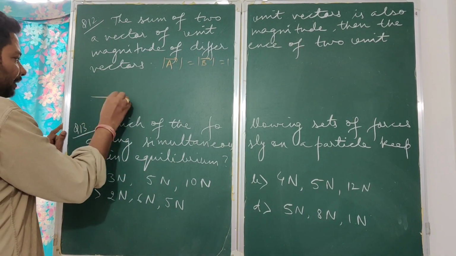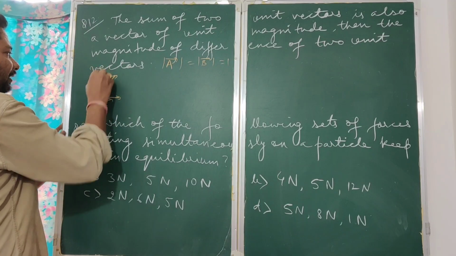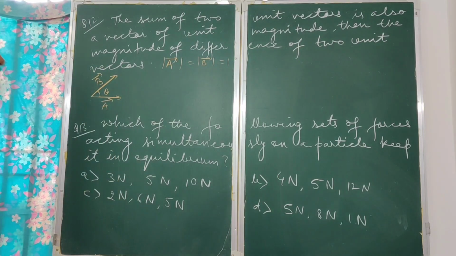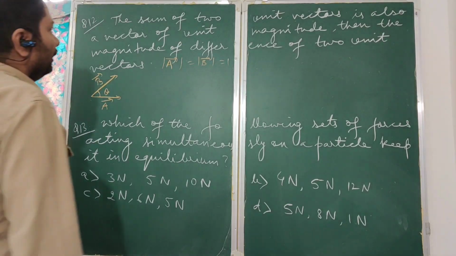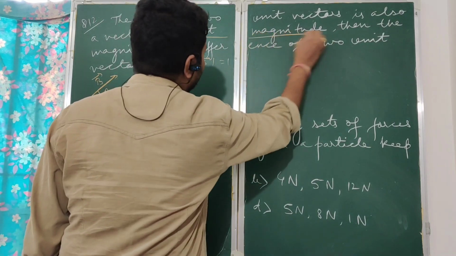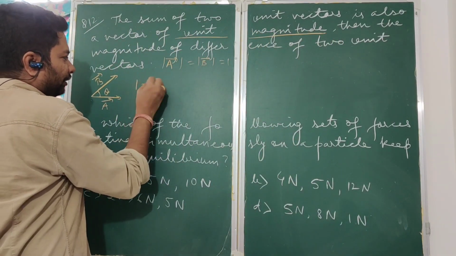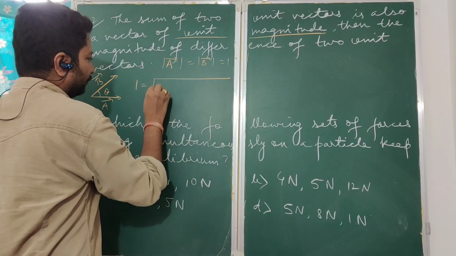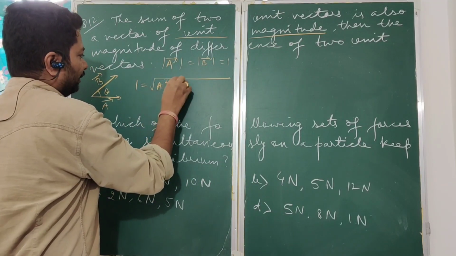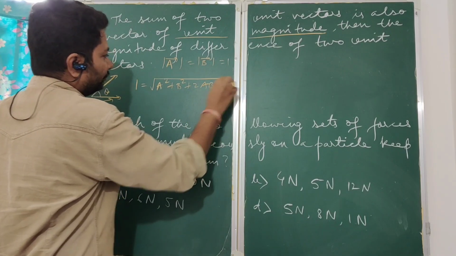And let us say the angle between them, this is A vector, this is B vector, the angle between them is theta. So what is the resultant? The sum of two unit vectors is also a vector of unit magnitude. So can we write 1 is equal to root of a square plus b square plus 2ab cos theta.